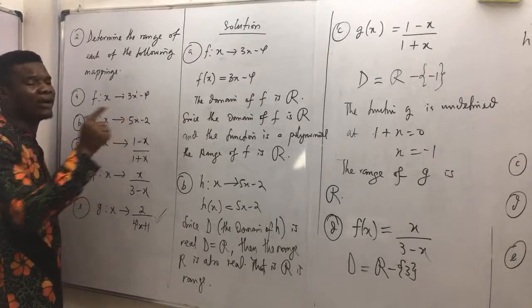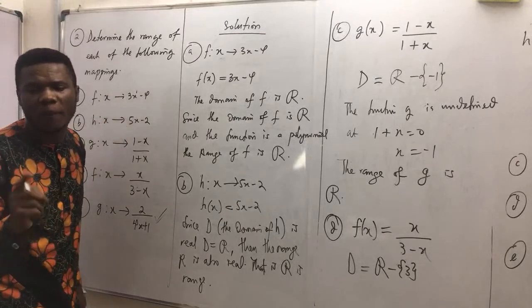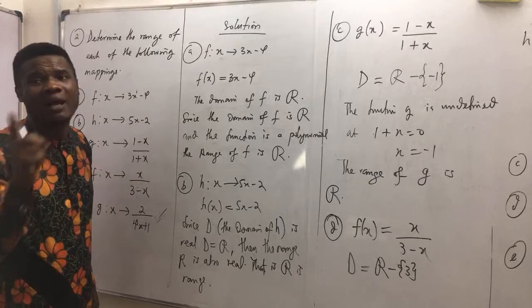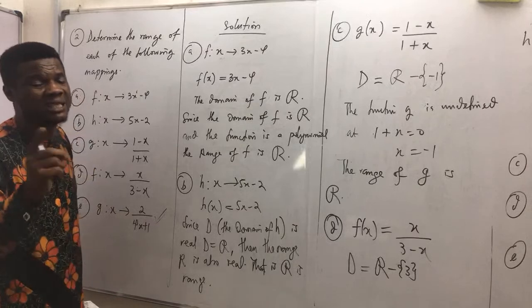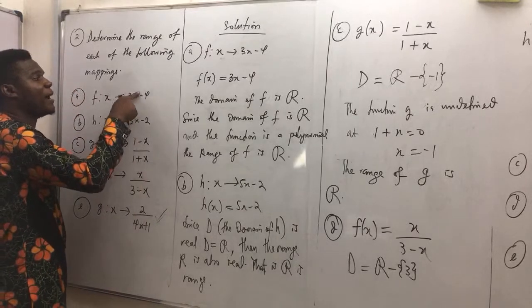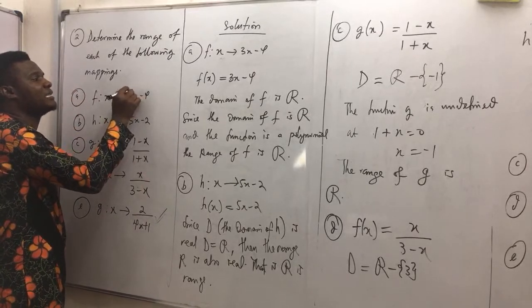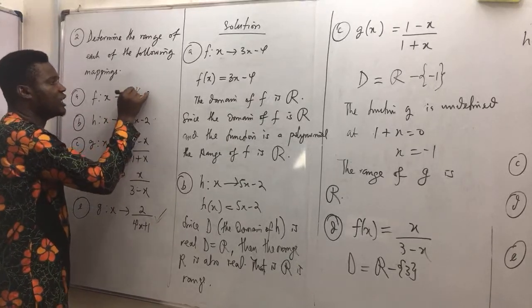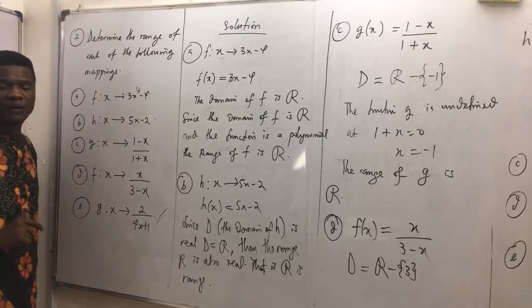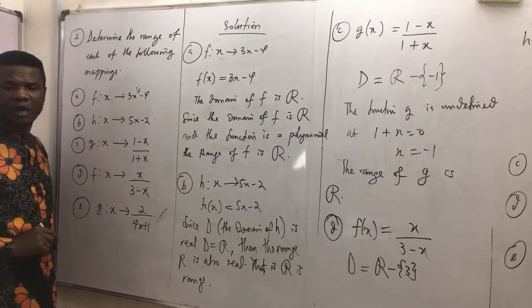Now, why I wouldn't want you to conclude that all binomial expressions are polynomial is simply because if a binomial expression has a decimal power or a fractional power, it is possible for a binomial expression to have a fractional power.